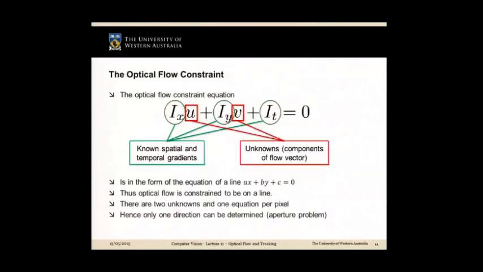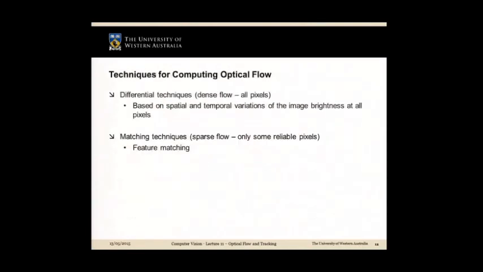Now, we'll look into some of the techniques that authors have tried to solve this equation, and those techniques will help us understand how to get the values of u and v. We have different methods of calculating optical flow. One is differential techniques, where we have dense flow: the spatial and temporal variations of the image brightness at all pixels are used to calculate the optical flow.